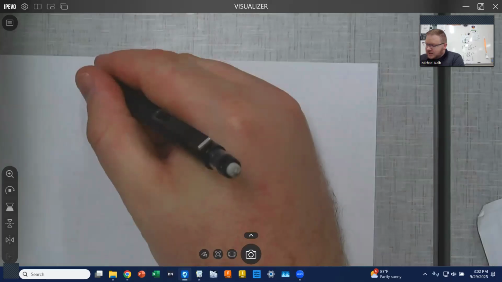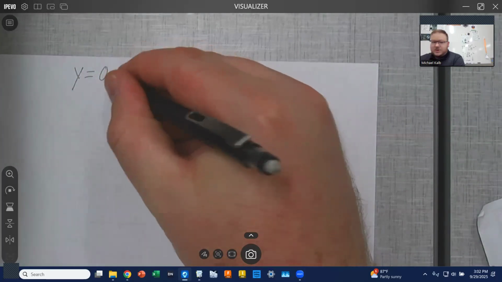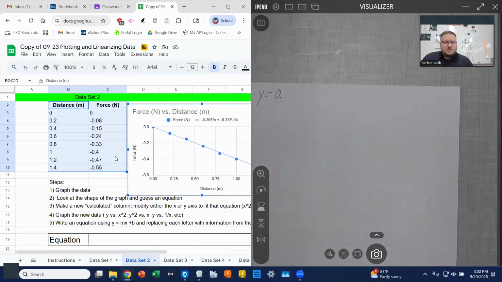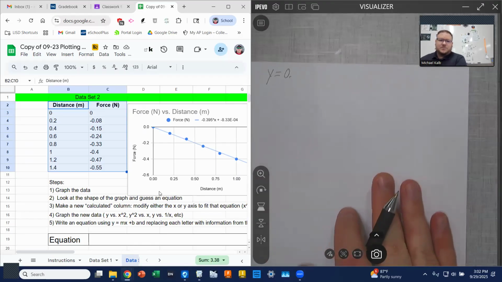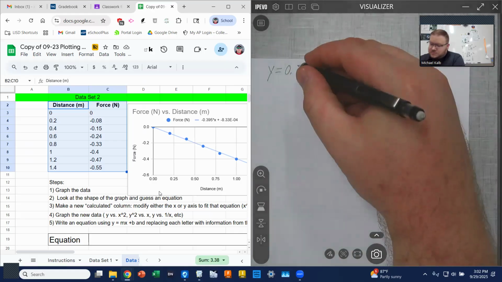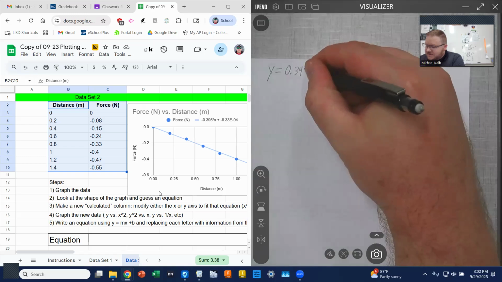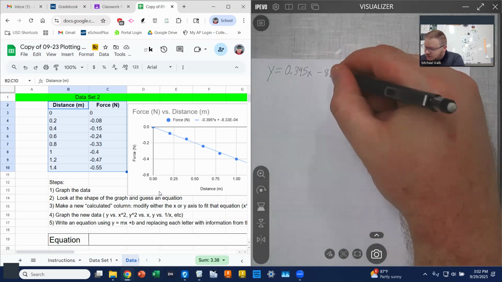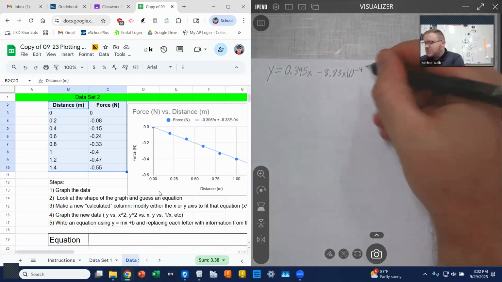It's saying the line of best fit is given by negative 0.395 x minus 8.83 times 10 to the negative fourth power.